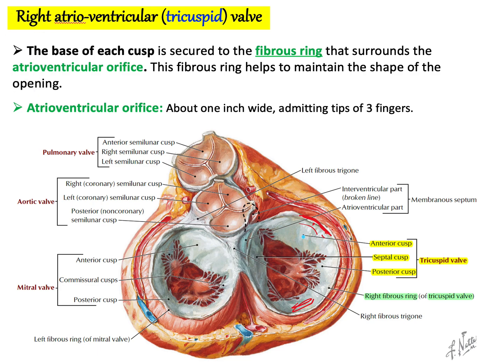Look, we have 3 cusps. This is, of course, the anterior cusp, this is the posterior cusp, and this is the septal cusp.